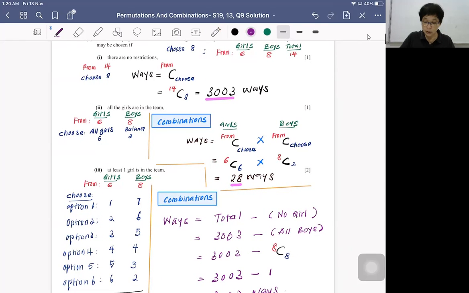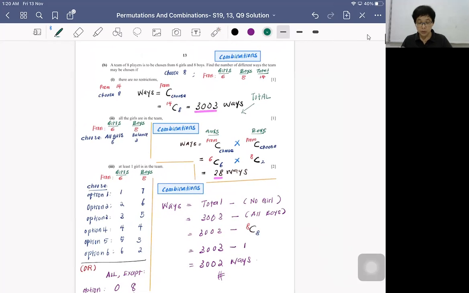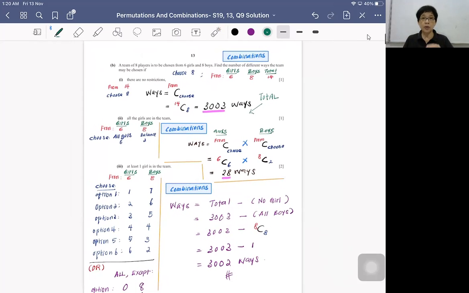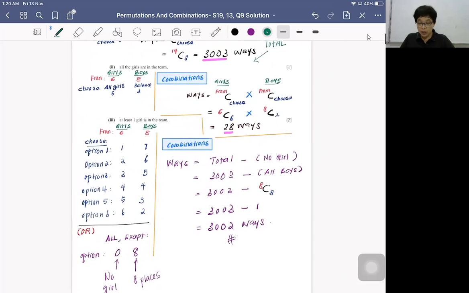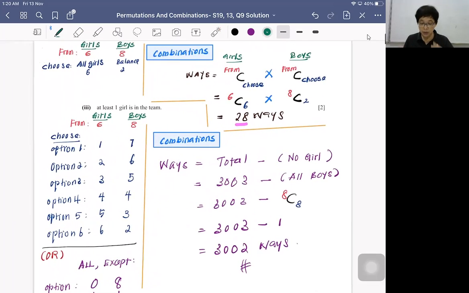This is the total that is available for you. And therefore, you're going to take 3003 as the total combinations and you take out when there's no girl.